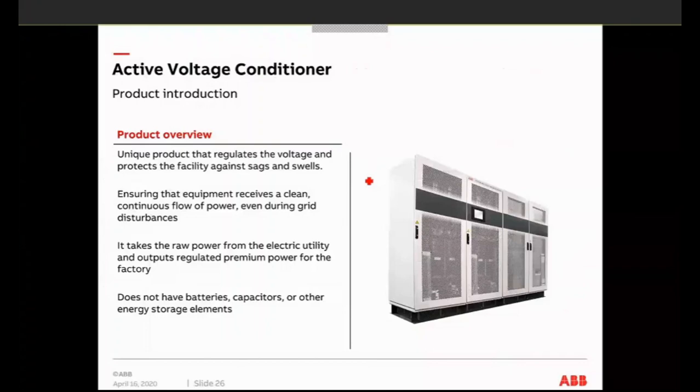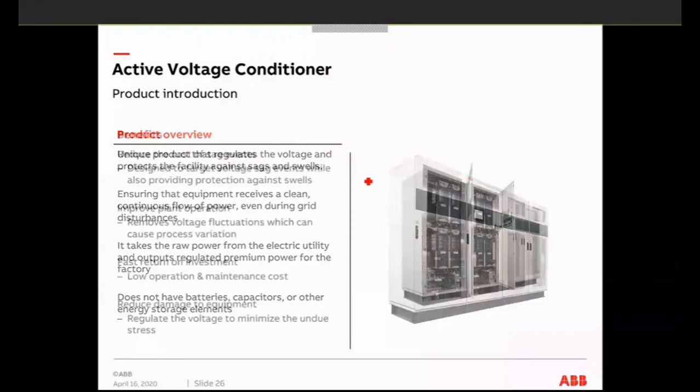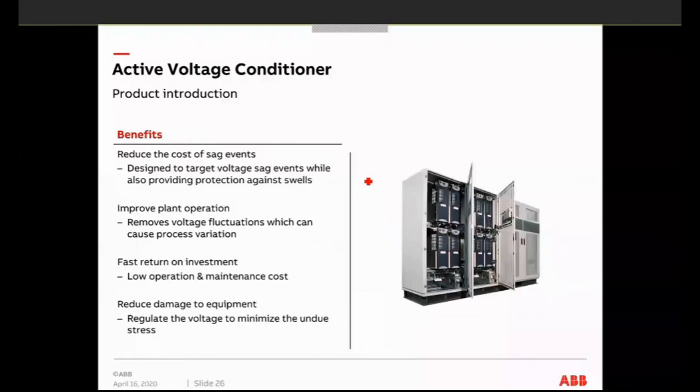Just imagine this product as an AVR, but it solves the issue in a very fast way. All right. So as a benefit, as we understand in the component sensitivity or immunity standard, the advantage is that it can solve those power quality issues very fast.